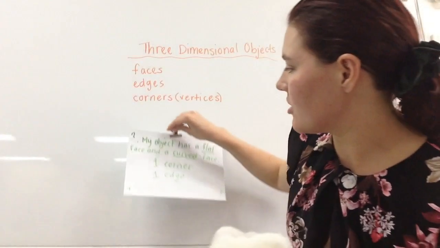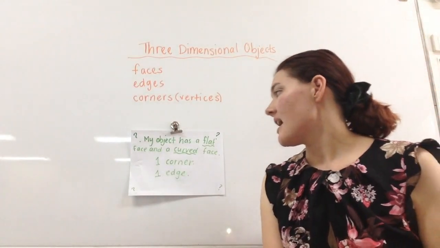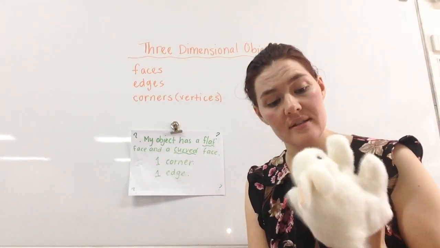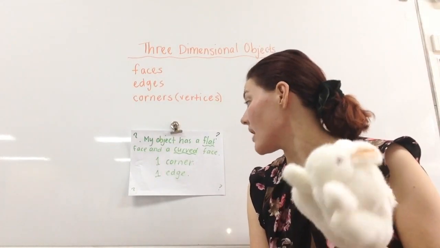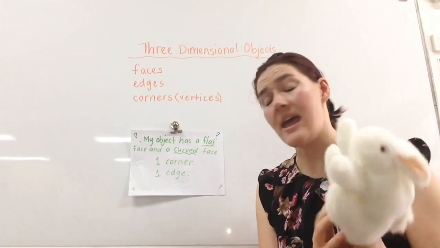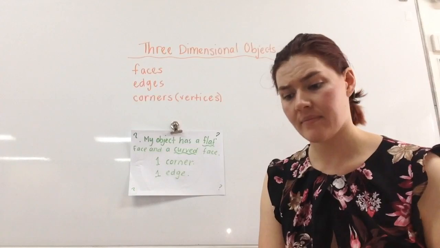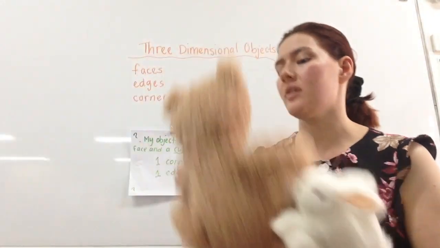Let's do another one. Now, this object has a flat face and it has a curved face. It has 1 corner and it has 1 edge. Do you think you might know what it is, Teddy? Teddy, do you think you might know what it is?